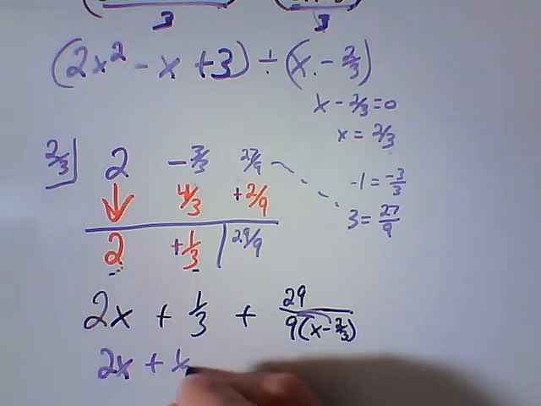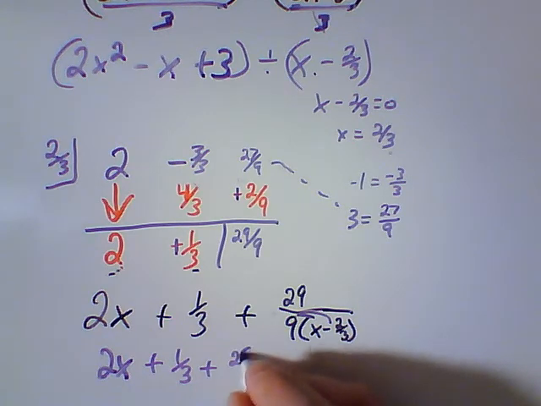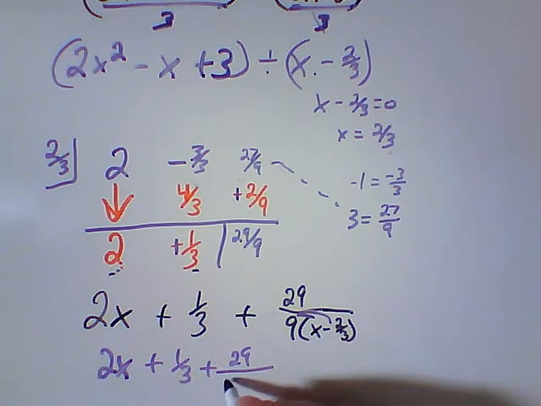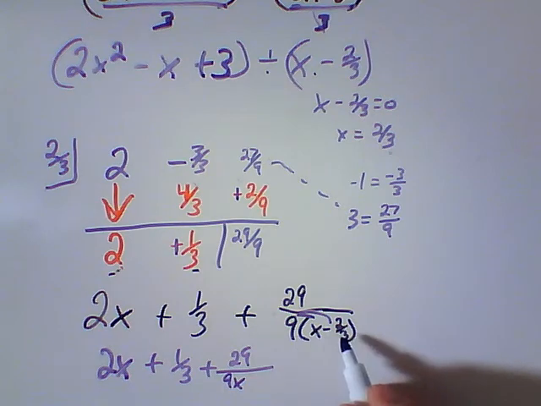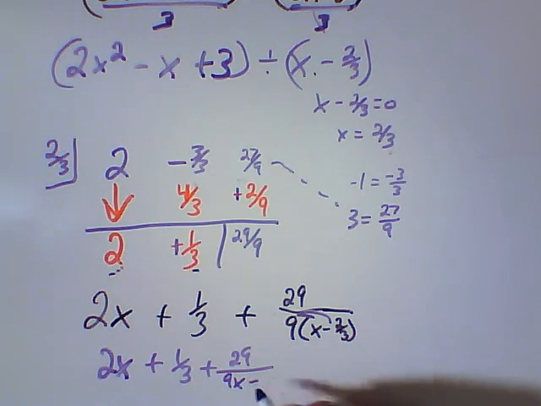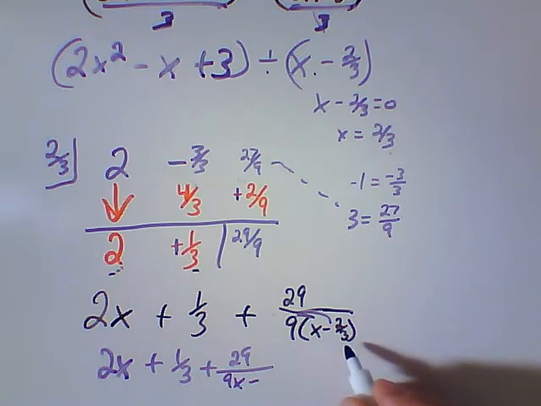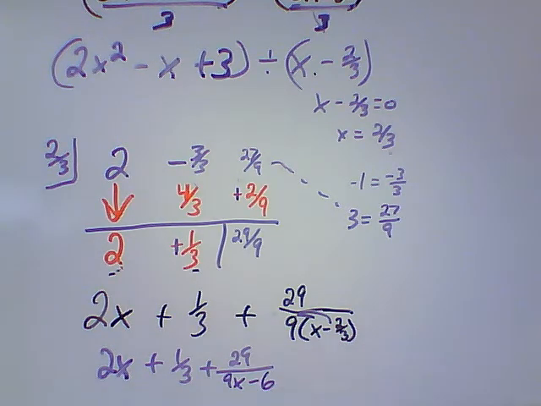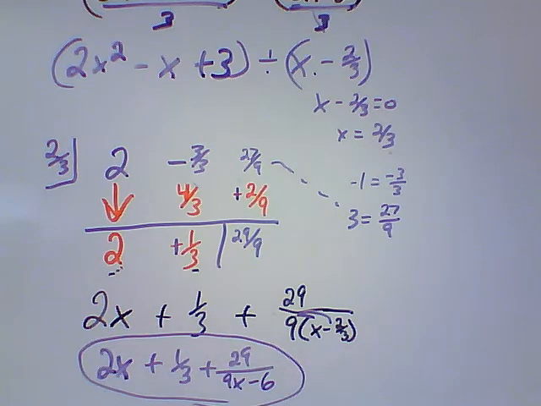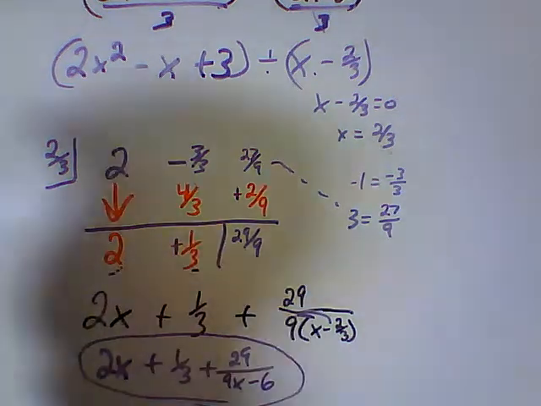Plus 1/3 plus 29. That's just 9x. And 9 times 2 is 18. That's going to be minus 18 over 3. 18 divided by 3 is just 6. So there we go. That's my answer. Woo-ha! One down.